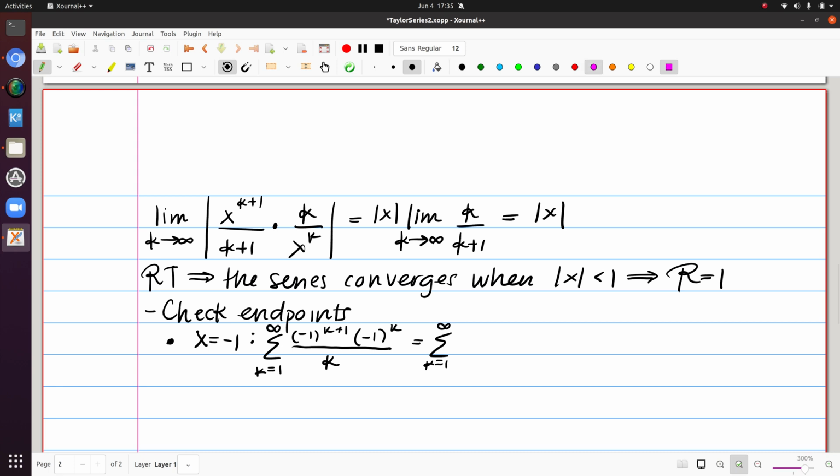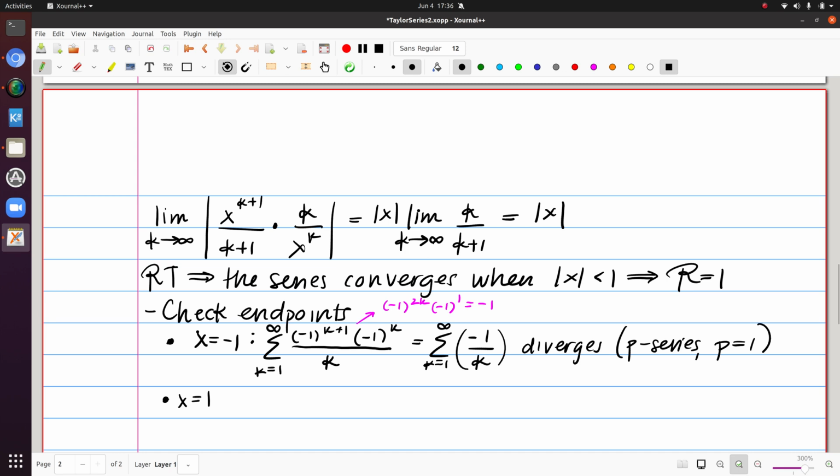So what I'm observing here is this numerator is -1 to the 2k times -1 to the first power. That's just -1. So we're just going to get -1 over k for these terms. This diverges. The negative you can factor out, but what's left is a p-series where this p-value is equal to 1, the harmonic series.